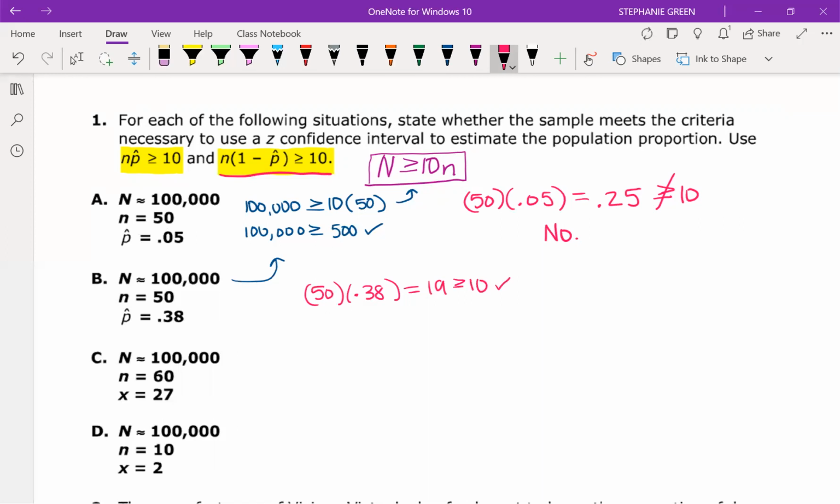Yes, it is. Now we check the other side. 1 minus 0.38 is 0.62, and 50 times 0.62 is 31. Is that greater than or equal to 10? Yes, it is. So not only is this a binomial distribution, but we can use normal approximation here.